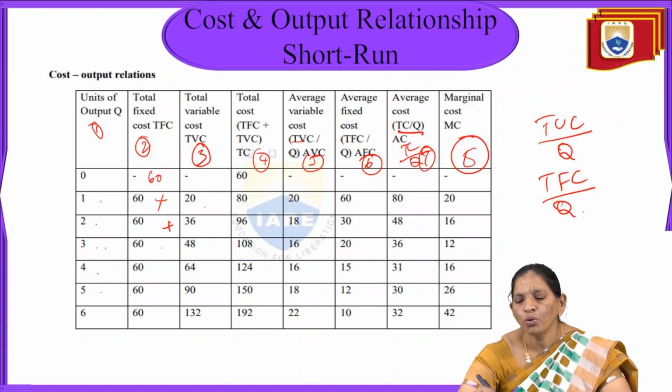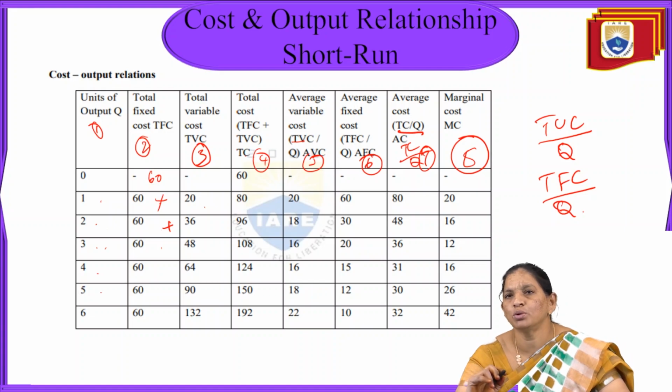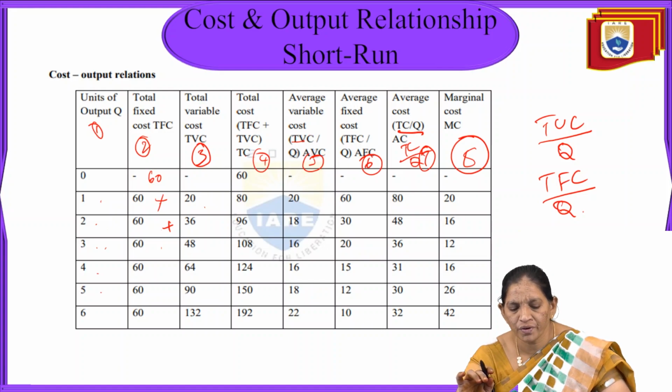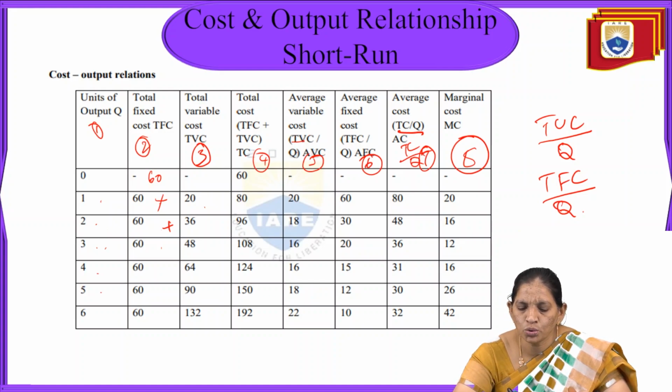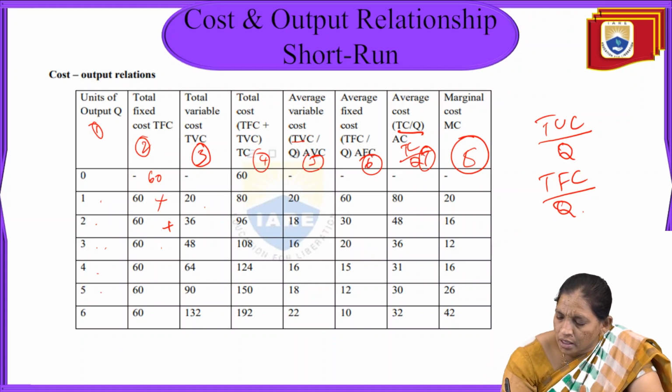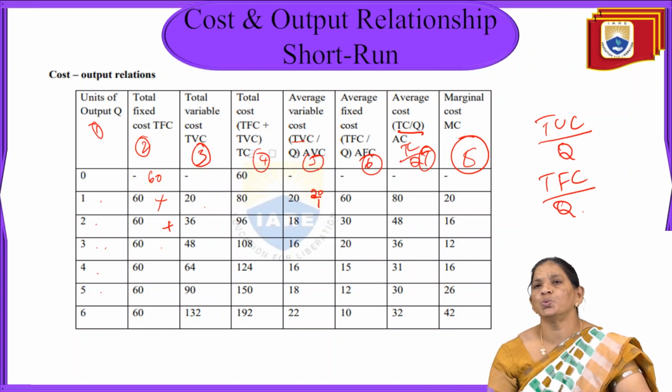And when I want to get the average variable cost, as we have already seen, it is total variable cost divided by quantity. When 1 unit of output was there, the total variable cost is 20. So 20 divided by 1, we get 20.